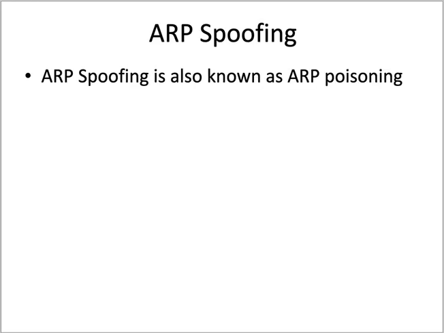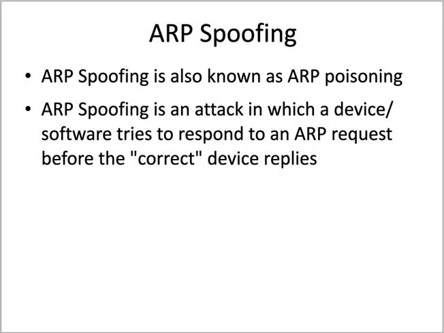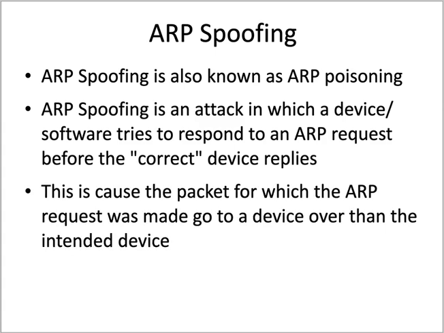Now, one common attack that we have involves ARP, and it's referred to as ARP spoofing or ARP poisoning. And basically what an ARP spoofing attack is, it's an attack in which a device or software tries to respond to ARP requests before the real correct device replies. If it is able to do that, that will cause the packet for which the ARP request was made to go to a device other than the intended device.